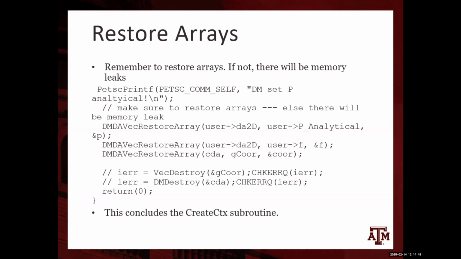What is this doing? Is this like, I just did quadrant 1, so now I need to do quadrant 2, so I need to clean out? No. When you get the array, you allocate memory, and you take the information onto your local array. When you restore it, you put that information back into your vector, your P analytical vector.